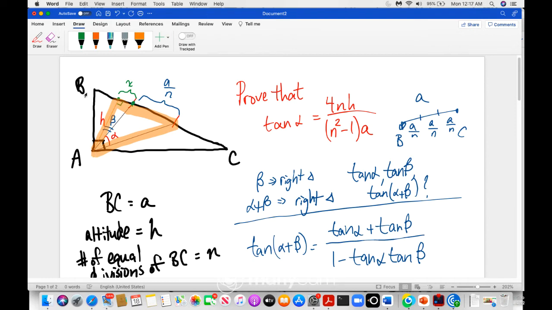And the reason for that is because I know the hypotenuse of the bigger right triangle is A, and that's going to be super easy to work with. So the first right triangle I'm going to consider is this one. Okay, it involves x, and it involves one of these segments. And as long as I can figure out what the length of that segment is, I should be good, all right? So let's go ahead and do that.